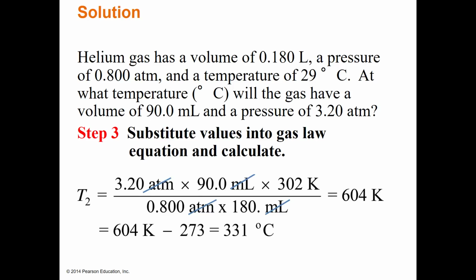There, all this cancels. And this is going to give you the answer in Kelvin. And then you have to take away 273 to put it into Celsius. The problem asks for the answer to go into Celsius. So this part should give you 604 Kelvin.